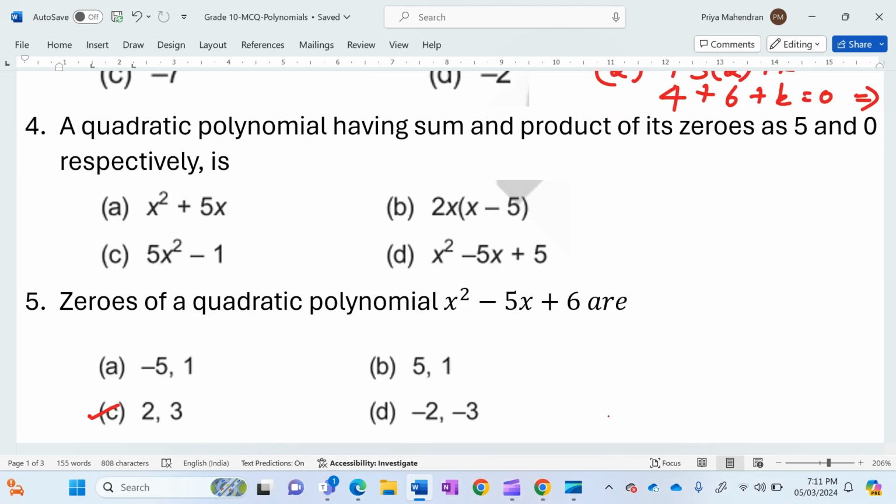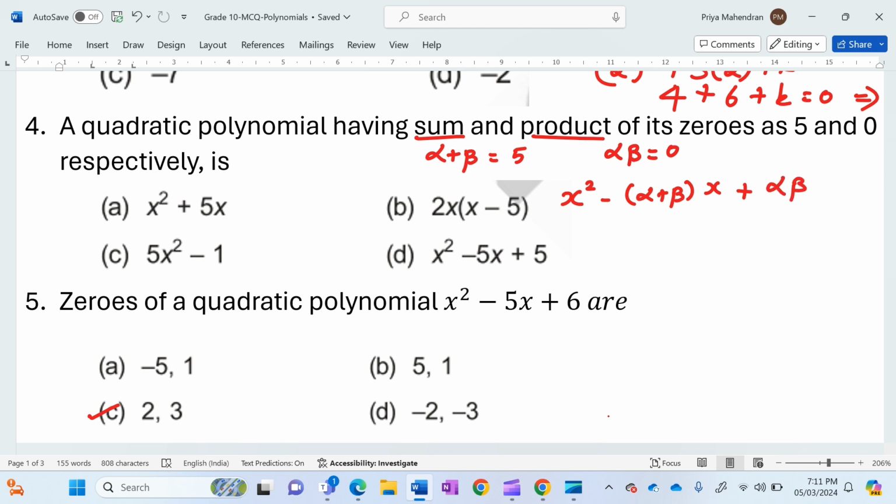Question number 4. A quadratic polynomial having sum and product of its zeros as 5 and 0 respectively. So they have given alpha plus beta, that is the sum of the zeros, is 5 and the product of the zeros is 0. So when I frame the quadratic polynomial, the formula is x square minus the sum of the zeros times x plus the product of the zeros, that is alpha beta, isn't it?